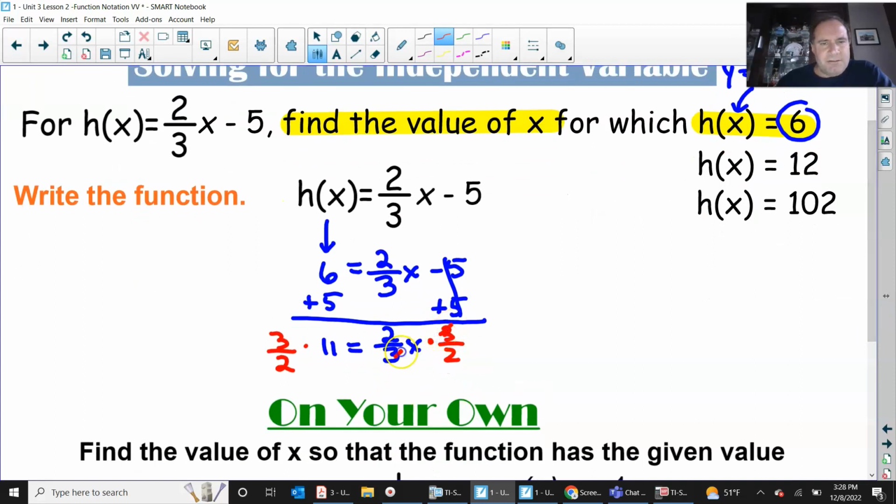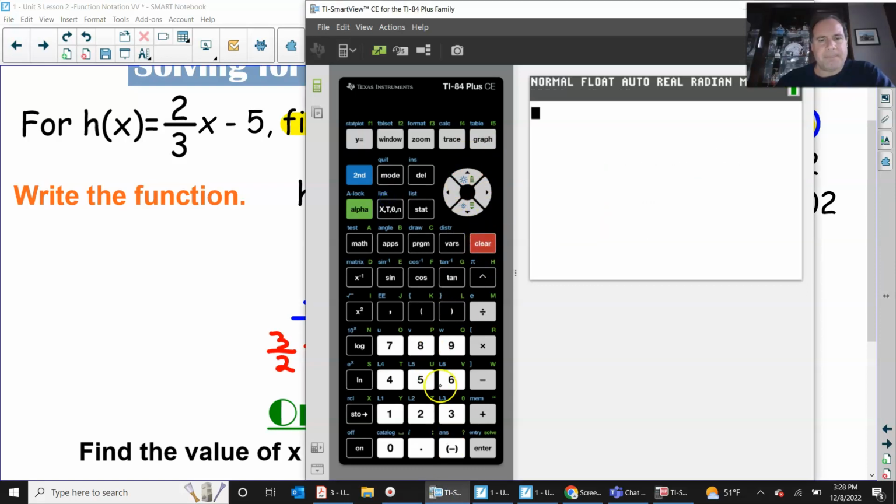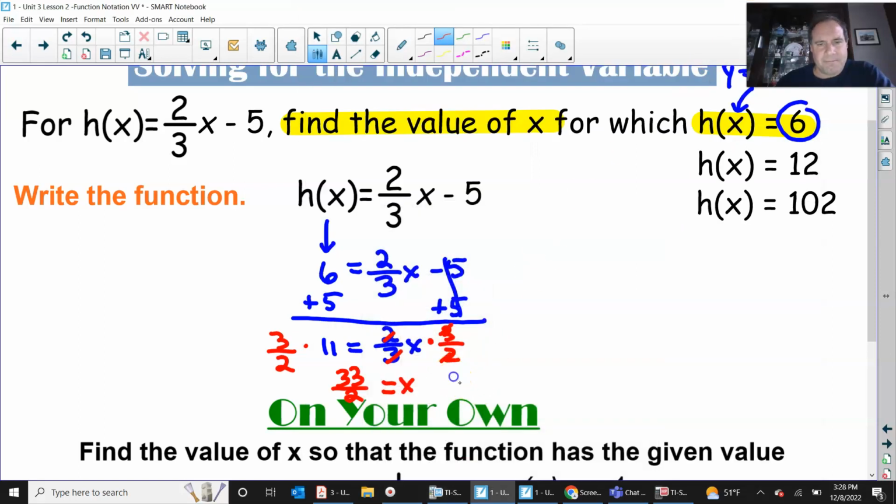This cancels with this, this cancels with this. X equals 33 over 2. Let's just make sure: 33 over 2 is 16.5. There's x. So when they give you h of x, you have to solve for the x.